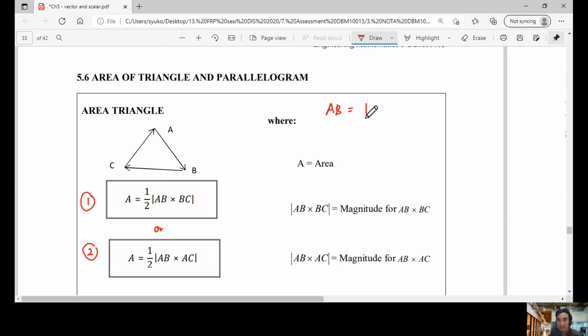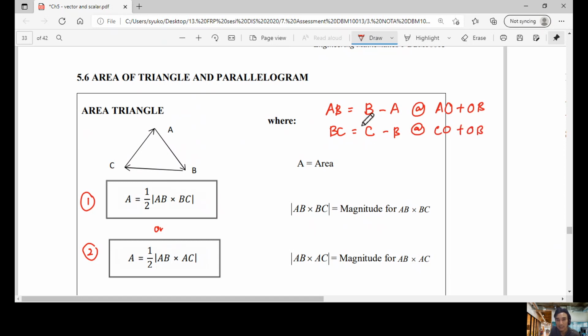So seperti yang saya ajar, kalau vektor AB kita ambil koordinat ataupun vektor B tolakkan dengan vektor A, ataupun kita boleh gunakan kaedah AO plus OB, either one. But I prefer to use B minus A for the vector AB, and then for the vector BC, as usual, vector C minus vector B or CO plus OB.